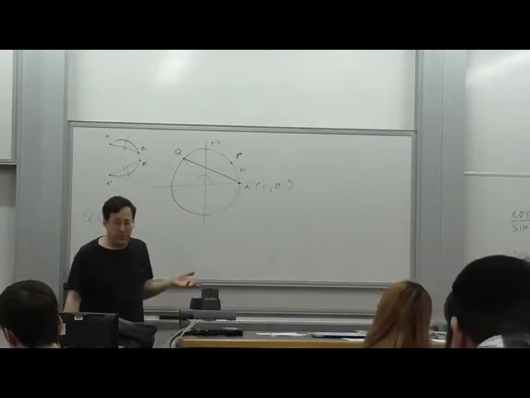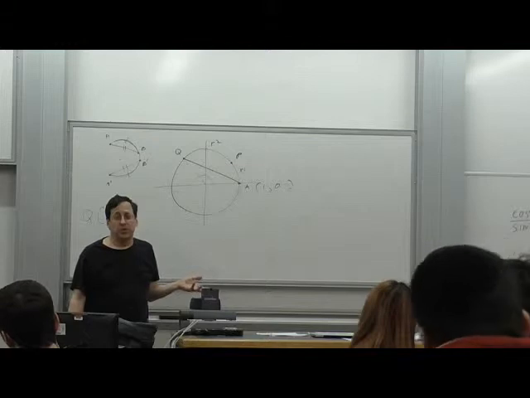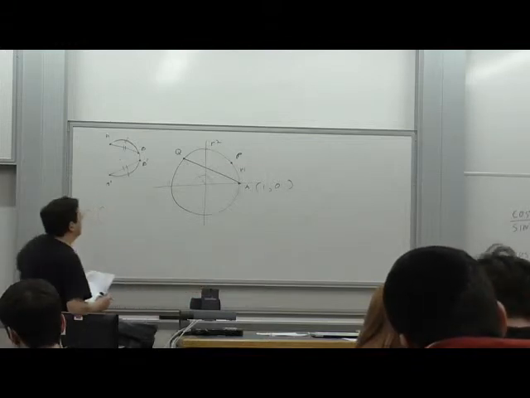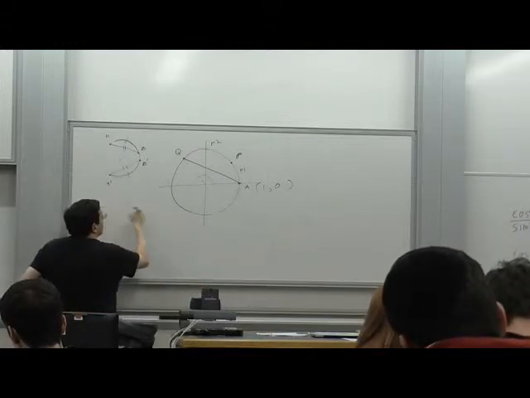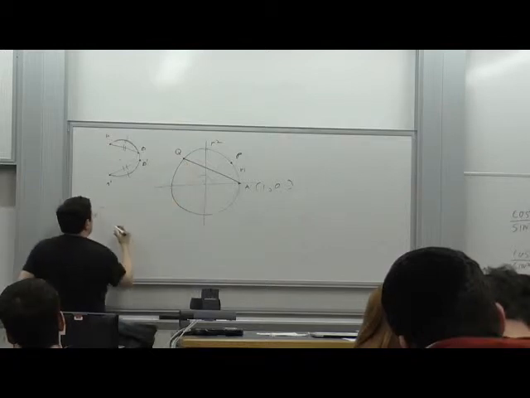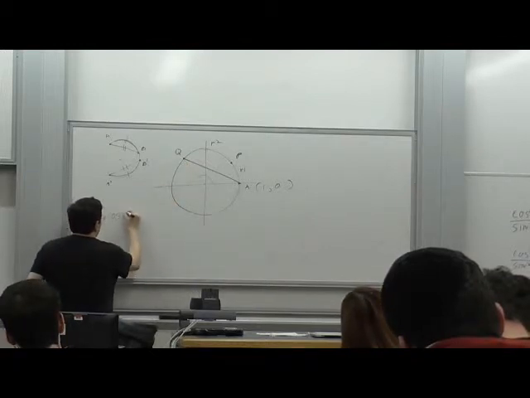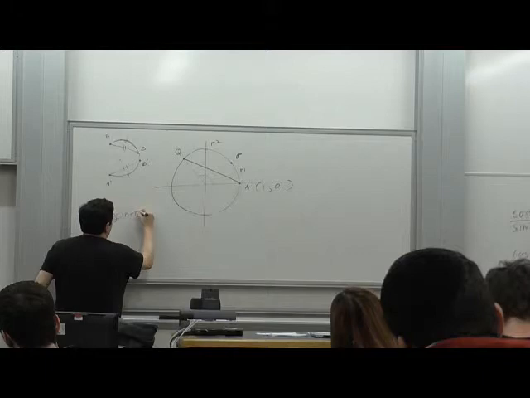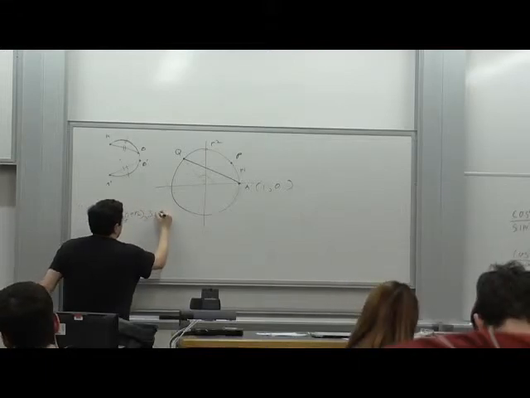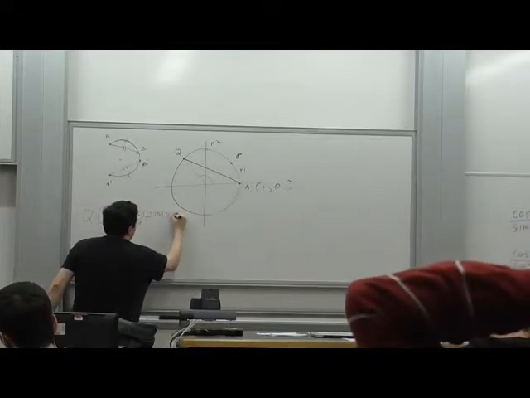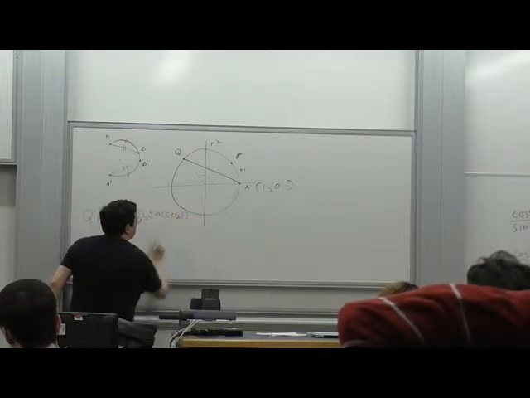But since it's a unit circle, that's the radian measure of that angle, right? So for point Q, it's just cosine of R1 plus R2, sine of R1 plus R2. That's Q.